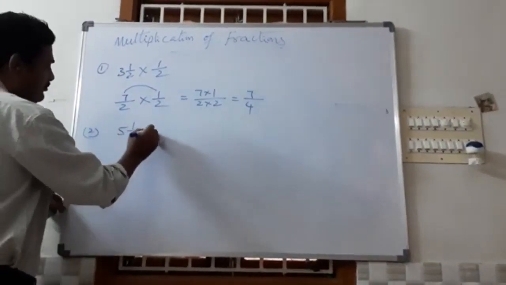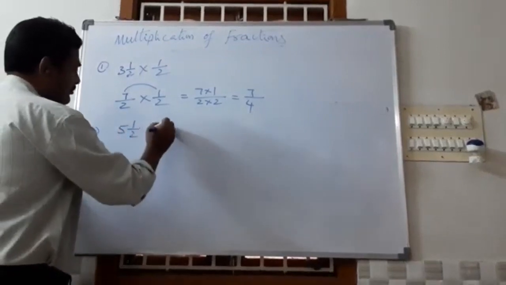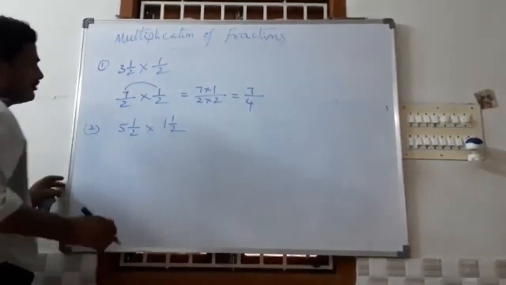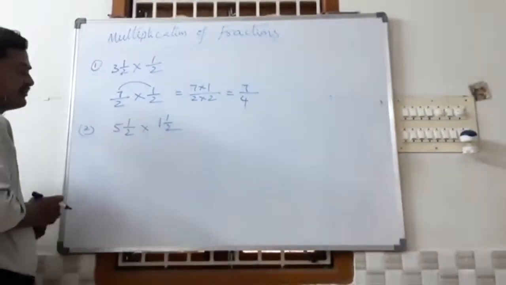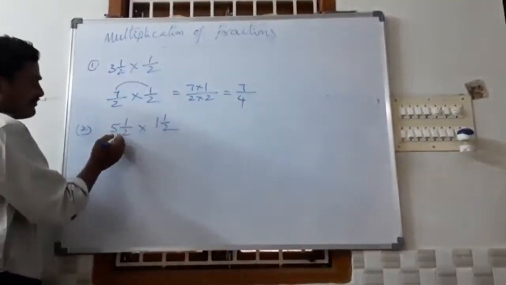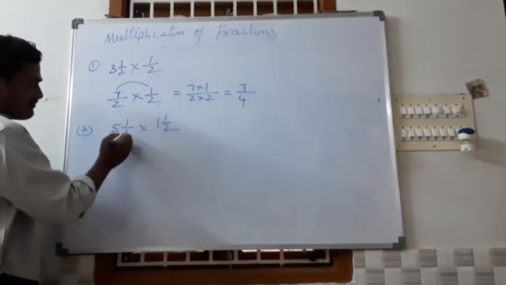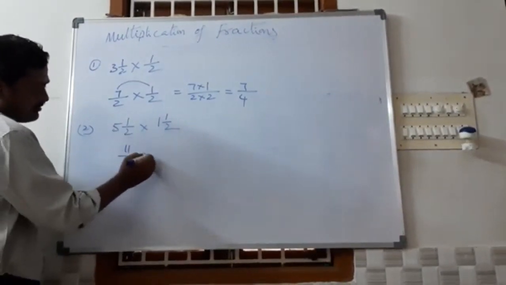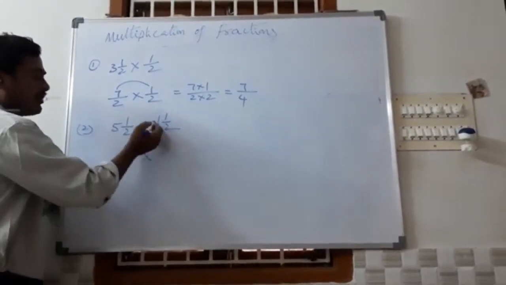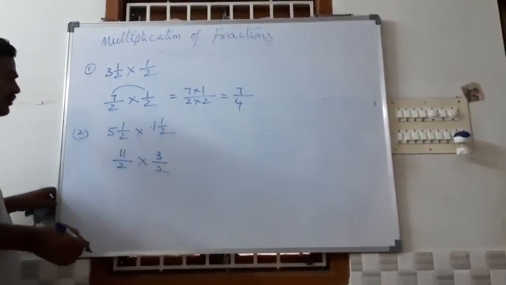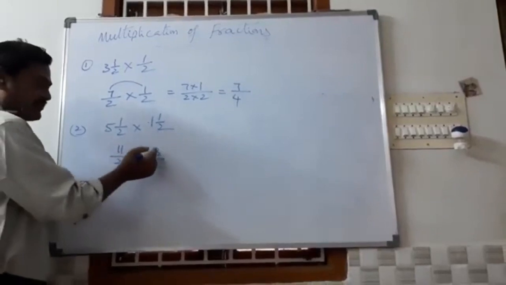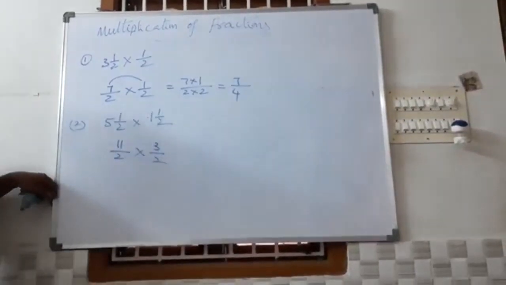5 1 by 2 into 1 1 by 2. Here is multiplication of two mixed fractions. First the first one: 5 twos are 10, 10 plus 1 is 11 by 2. Then 1 1 by 2: 1 two is 2, 2 plus 1 is 3 by 2. Now 11 by 2 is one fraction, 3 by 2 is another fraction.